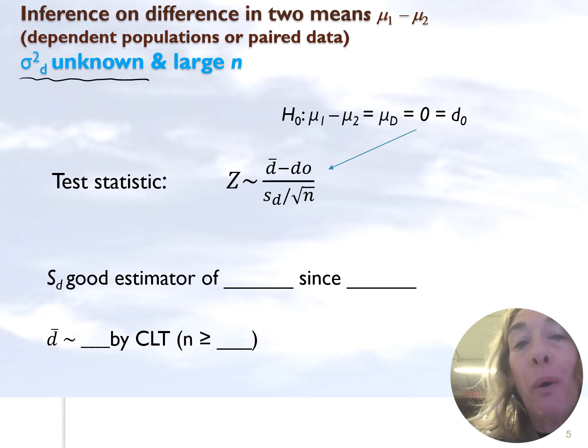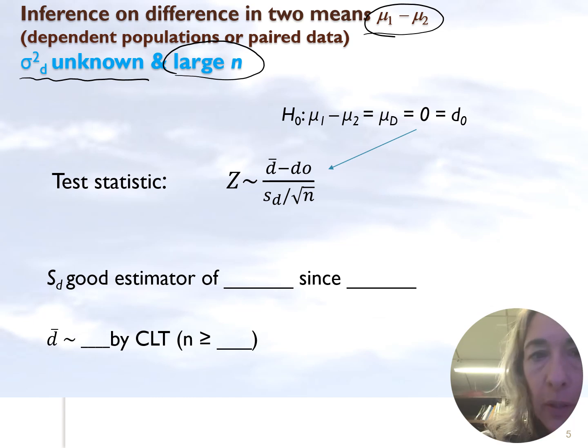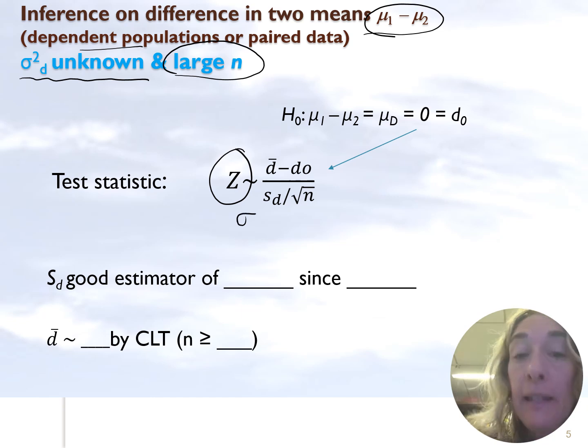And finally, for the case in which our population variance is unknown, or our sigma squared sub D is unknown, but we have the advantage of a large N when we're doing inference on the difference in means from dependent populations, then of course we can go back to using the Z distribution. Now typically with the Z distribution we have sigma, or sigma sub D, in the denominator.